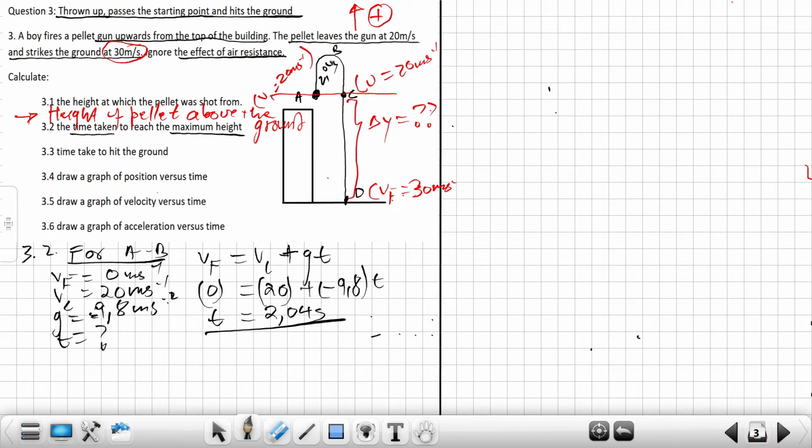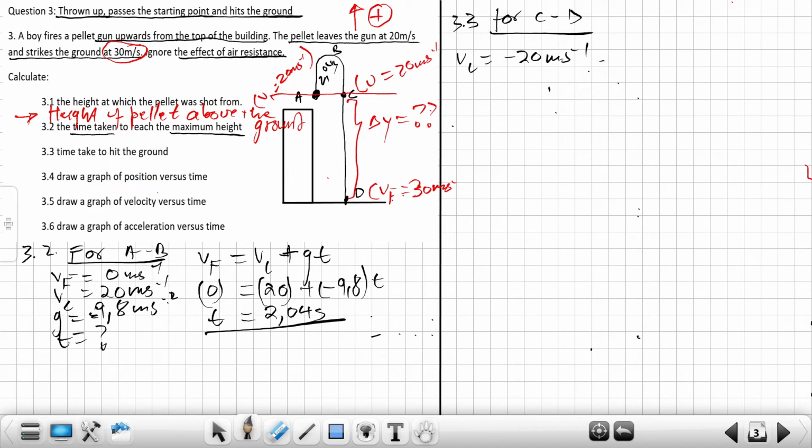So when I look at CD, what I have is my V initial, which is minus 20 meters per second. Remember, because of the direction and symmetry.